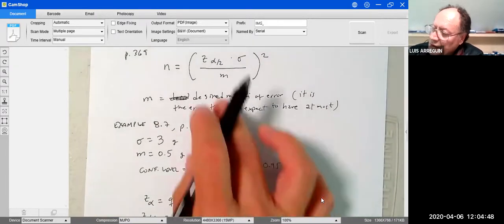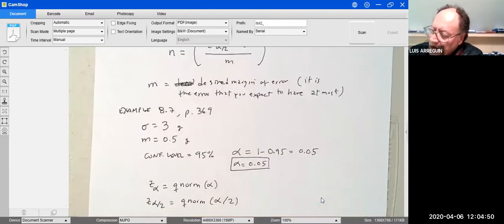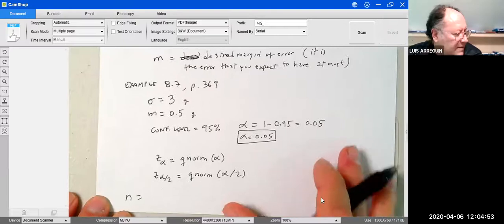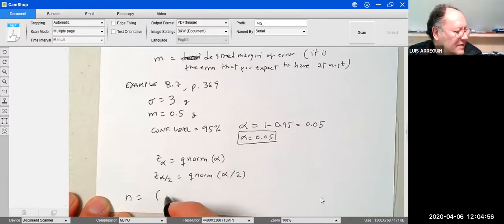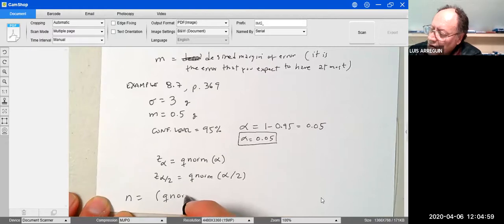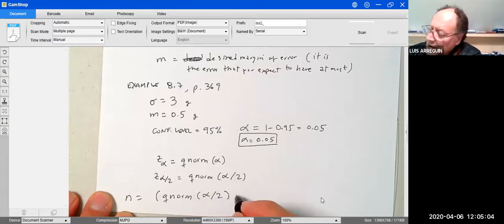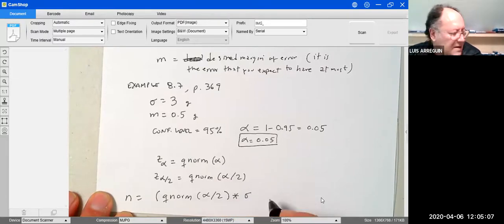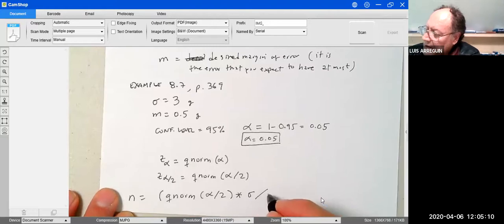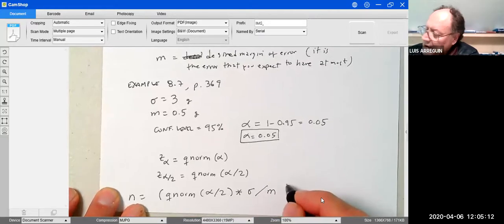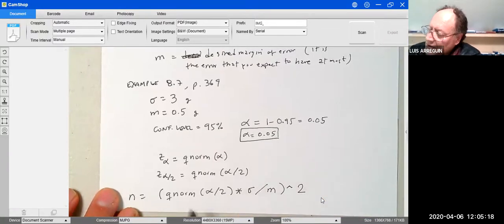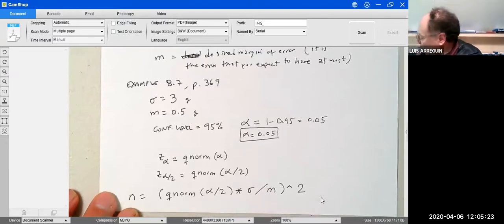So we want to integrate everything into a single formula. So our formula by using R is going to be n, is going to be a parenthesis, then you're going to use qnorm of alpha over 2, and then you're going to multiply this by the standard deviation, and then you're going to divide this by the margin of error. You're going to close the parenthesis and you're going to square this. So this is the general formula. So this part is just z alpha over 2 sigma and the margin of error that we are expecting.